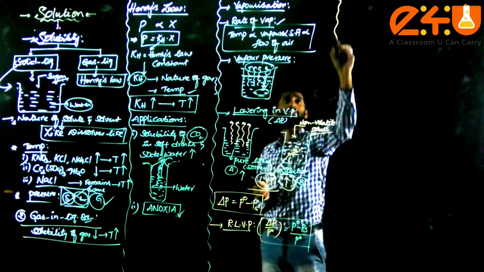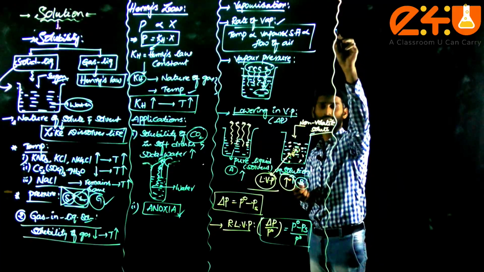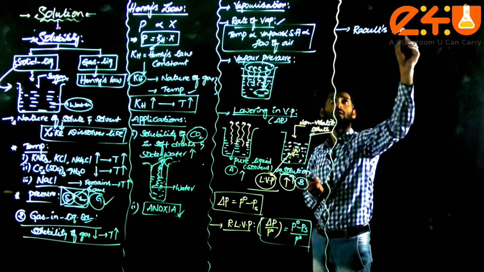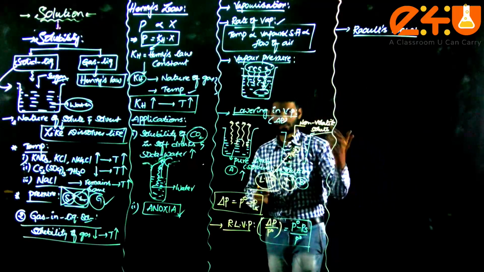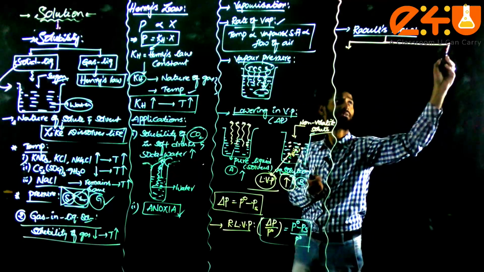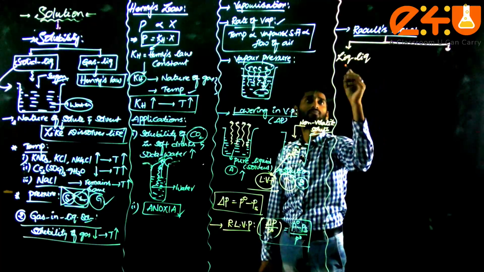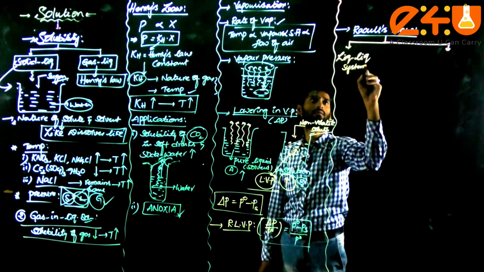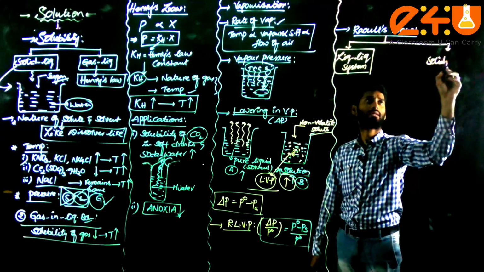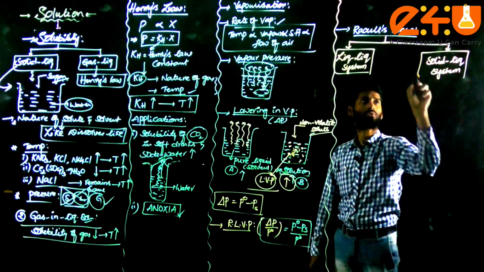Now let me start here. What is Raoult's law? Here also the same thing. This Raoult's law we have to discuss in terms of two types of systems. One is a liquid in liquid type of solution, this is case one, and one more is a solid in liquid type of solution.